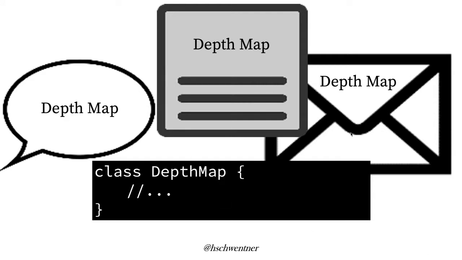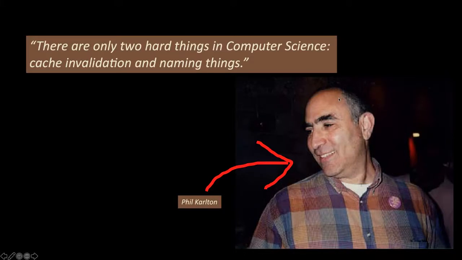So we're taking the words from the domain and putting them eventually into the code. And that's something good. Maybe you know this quote from Phil Carlton, who said, there are only two hard things in computer science: cache invalidation and naming things. And well, DDD doesn't tell us about cache invalidation, but it tells us about naming things.